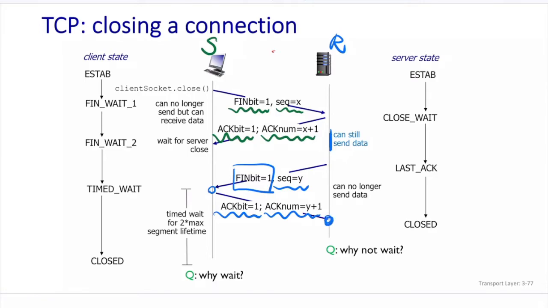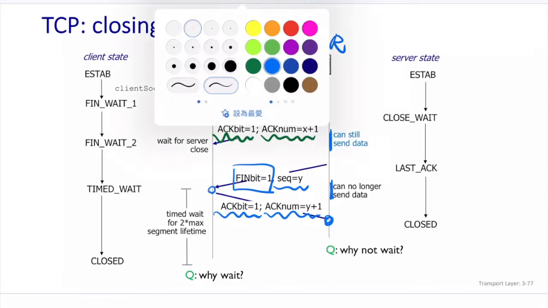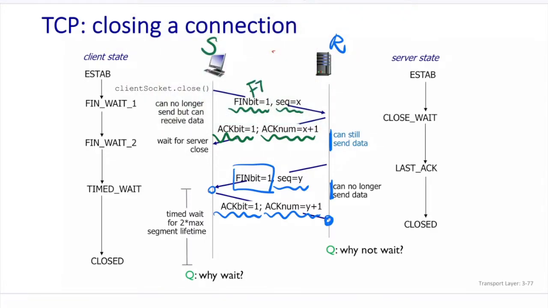So at this moment, the sender cannot send data, and the receiver cannot send data as well. So both of them agree to terminate the entire TCP connection. Okay, that's it. And as we know, that is a FIN packet, right?